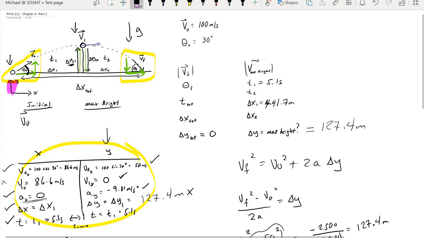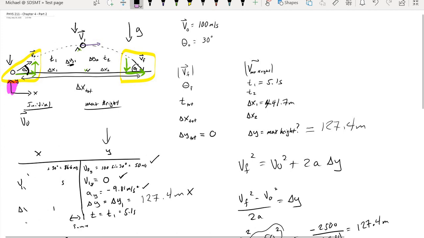There's really no reason I couldn't use the information from the maximum height except that it's calculated. And we know now that if we use calculated material, we run the risk of it being wrong, and then our other answers will be wrong as well. So I'm going to erase all of this, and we're just going to start fresh with our kinematics.